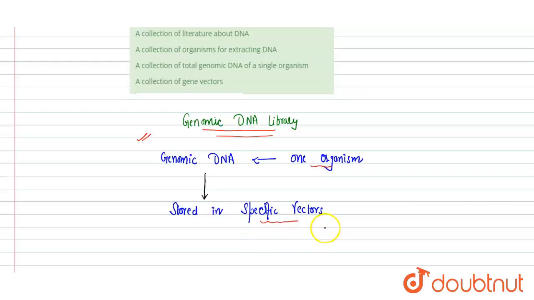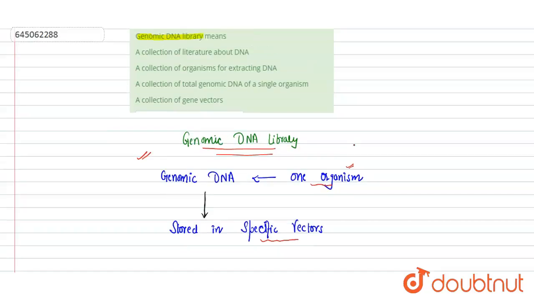At the time of need, they can be extracted out and expressed again in the host cell. So in this way it is made. That is why it is known as the genomic DNA library. Library means collection, a collection of genomic DNA of a single organism. Different organisms have different genomic DNA, and that's why their libraries are also different.